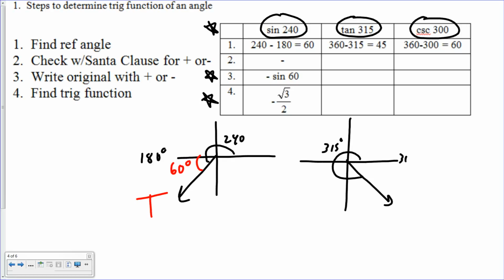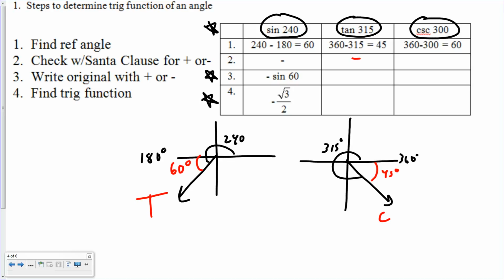I know 360 is the whole thing. Now I can see that what's remaining is 45 degrees. And I can remember Santa Claus is going to tell me if it's positive or negative. If I'm looking at the tangent, I know in the fourth quadrant it is going to be negative.